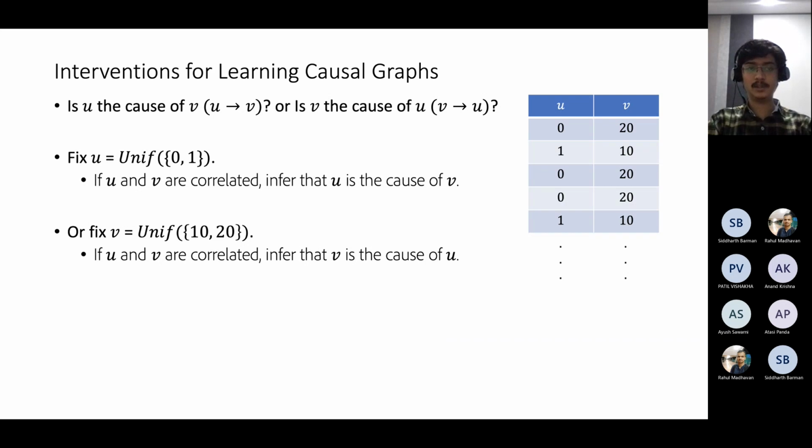If again we find that U and V are correlated, we infer that V is the cause of U.